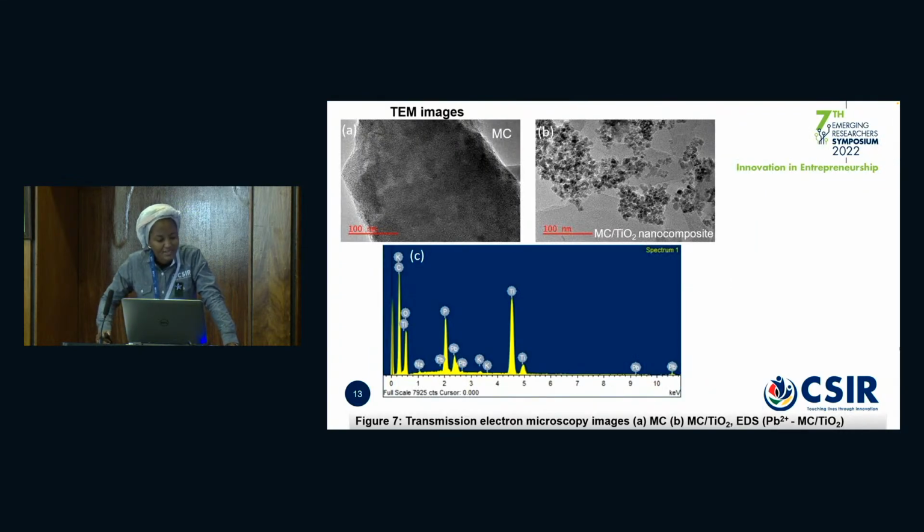And the second result is TEM. So TEM was used to investigate the particle size of our samples. So now I have decided to put the mesoporous carbon, as you can see from figure 7A, which is a mesoporous carbon, figure 7B, which is the mesoporous carbon coated with the titanium dioxide, and 7C, which is our lead loaded on the mesoporous carbon coated with the titanium dioxide.